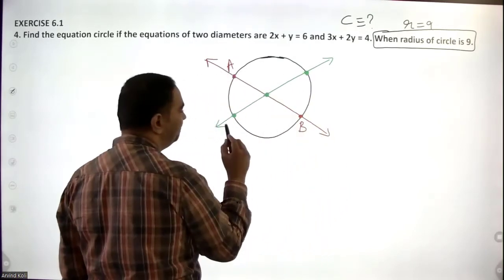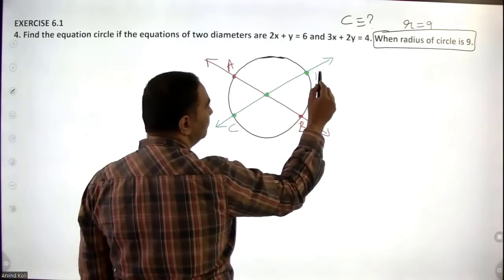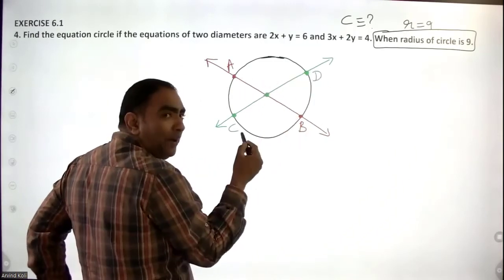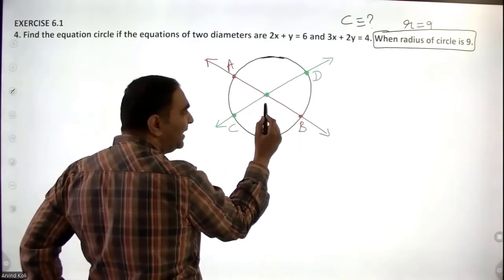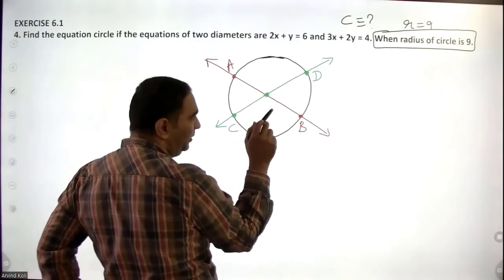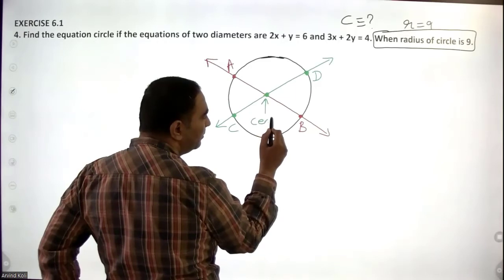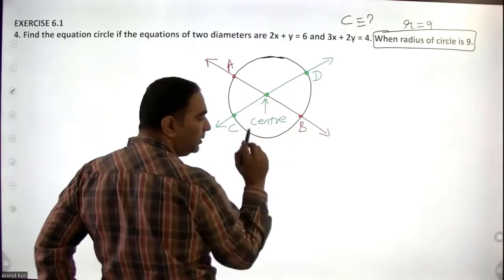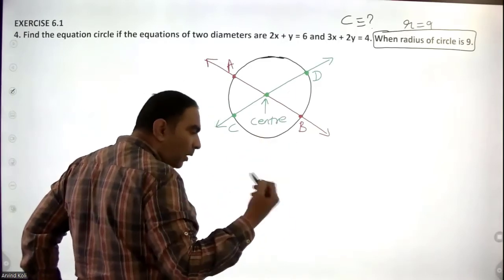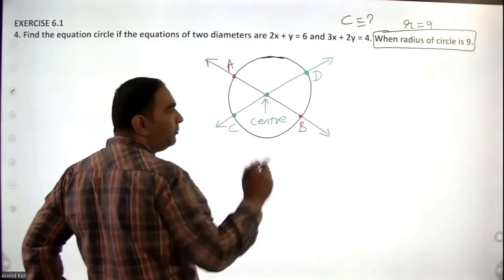Students, when we draw the two diameters, their point of intersection is nothing else but the center. This point is the center of the circle. So now we wish to find the coordinates of this point.